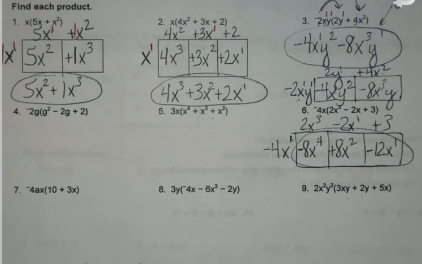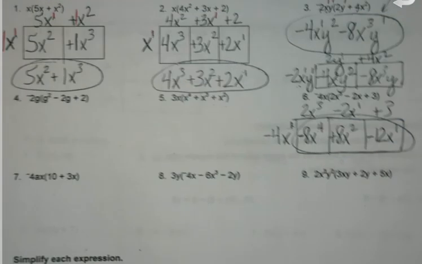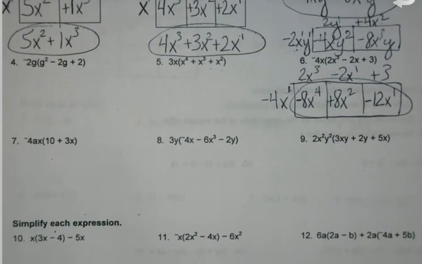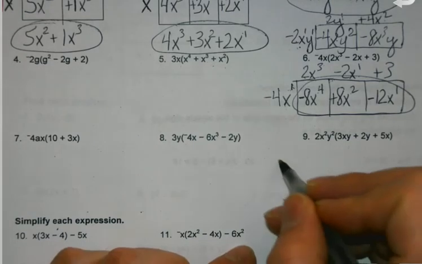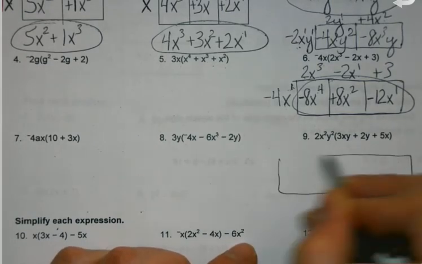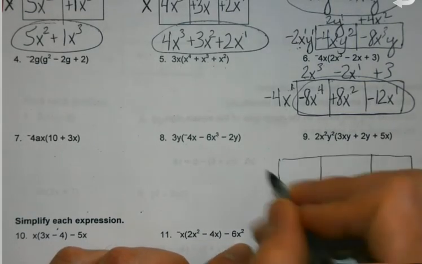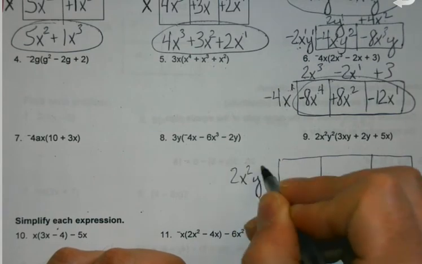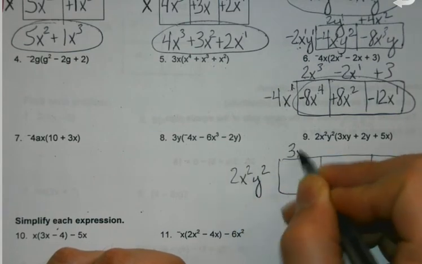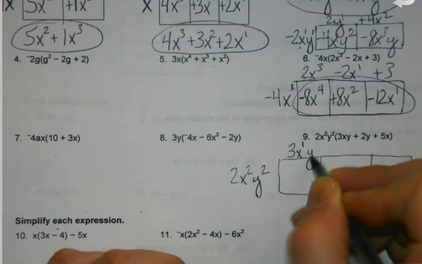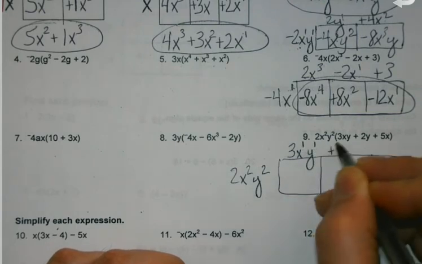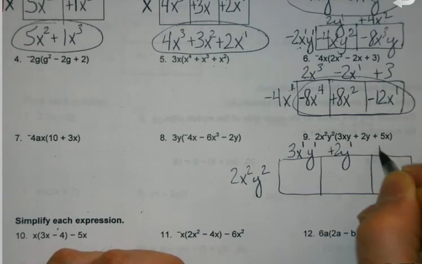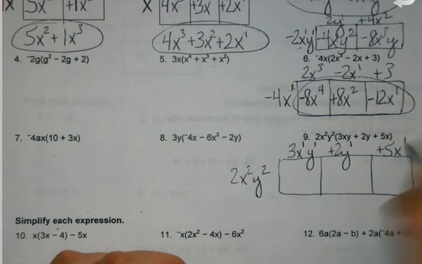So actually, let's stay on a roll with this. We're kind of going down here. Let's do 9. 9 looks like a big bunch of craziness. And again, if you see a variable and it doesn't have an exponent, I would stick a 1 on there just to remind me that it is there.